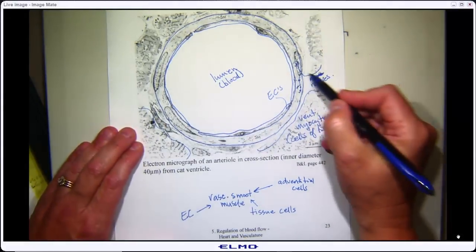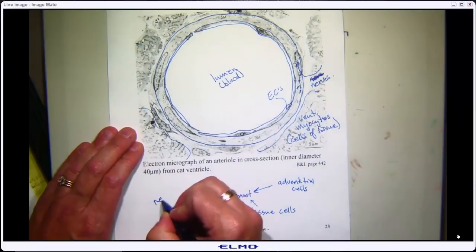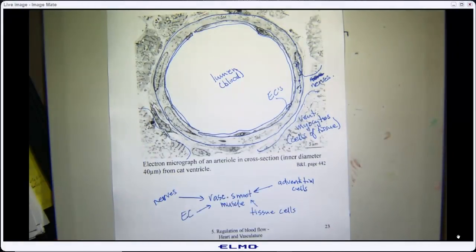We talked about nerves coming in, right? So we definitely have nervous control. So now we can change the diameter of this thing by what the brain wants it to do. Okay? So locally we can change its behavior. Centrally now we can change its behavior. Centrally we can change its behavior directly through nerves, or we can have those nerves release hormones.